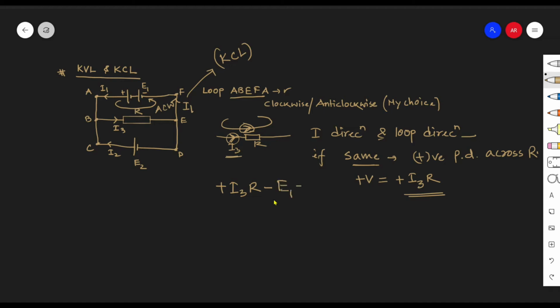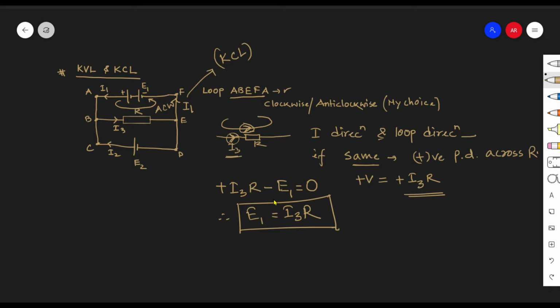That equals 0. In this loop A, B, E, F, A, the upper loop that we are talking about, there is no other resistor or power supply. So we took the algebraic sum of all the PDs and equated it to 0.